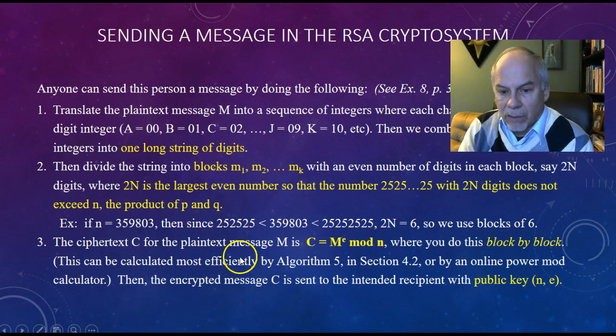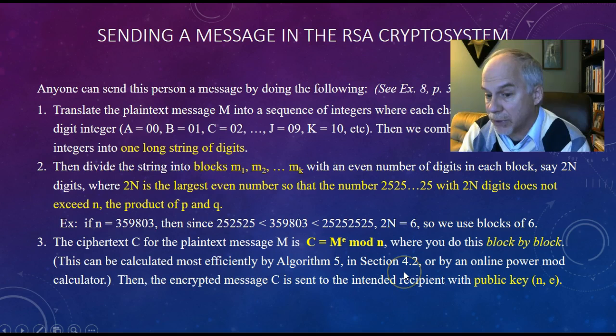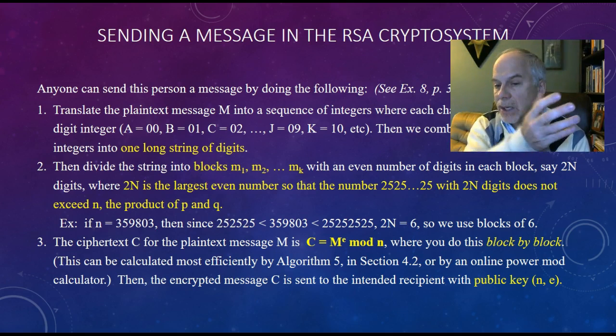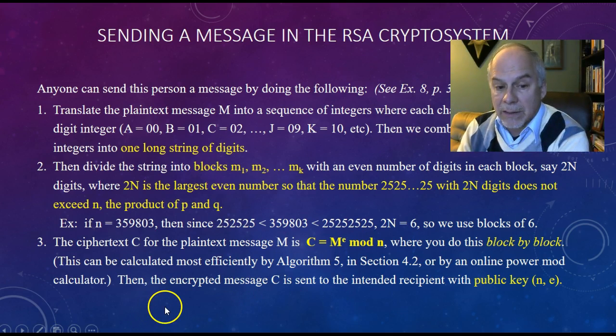Now, it can be calculated most efficiently by a computer using algorithm 5 in section 4.2. We looked at that where we were taking a number to a power in a particular mod. Or you can use an online power mod calculator, and I'll show you that in a minute.